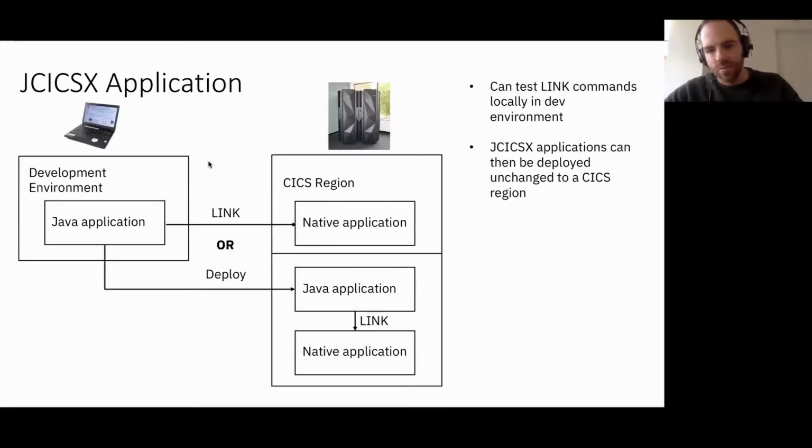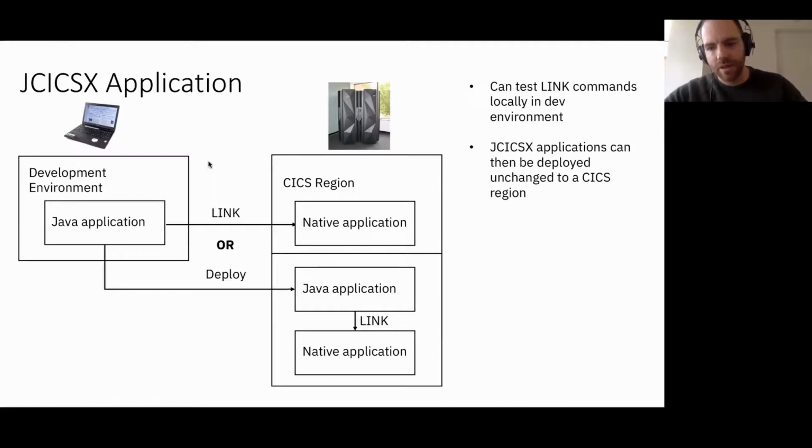And the way JCICS works is you can write the same Java application to this slightly different API called JCICS, and then you can still deploy that application unchanged to a CICS region that will run there. So the application doesn't have to be changed to deploy, but you have the flexibility of being able to run that Java application locally. And it's just a case of how you configure it to run.